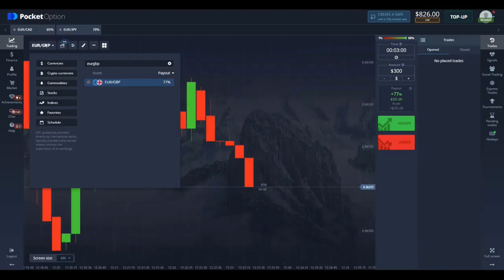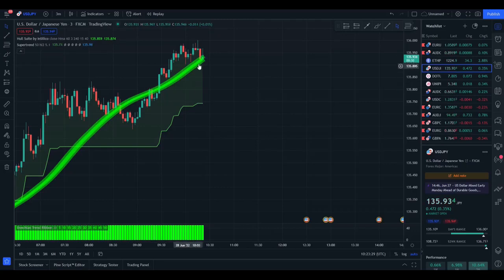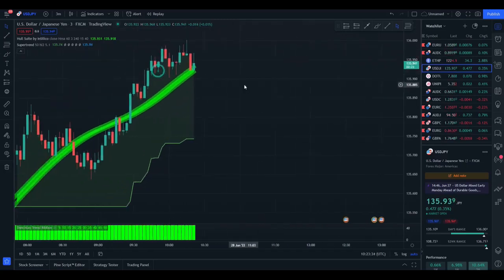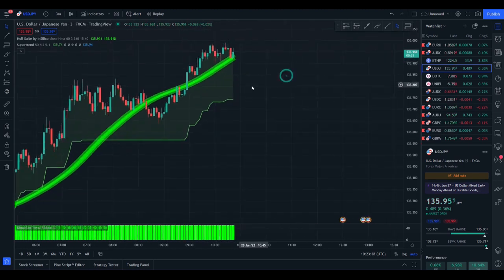Even though the signal was pretty long time ago, it is still possible to enter here since there's a massive uptrend. So we're just gonna wait for this candle to close in green, and then we're gonna take a 3-minute long position.